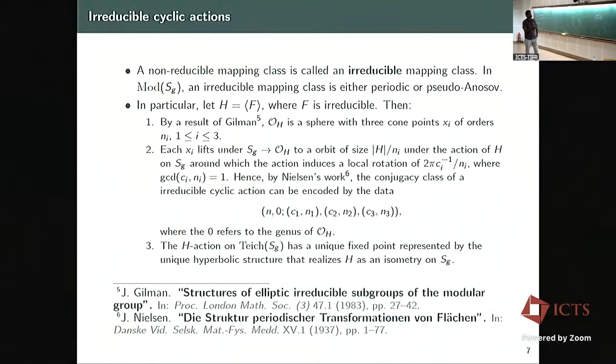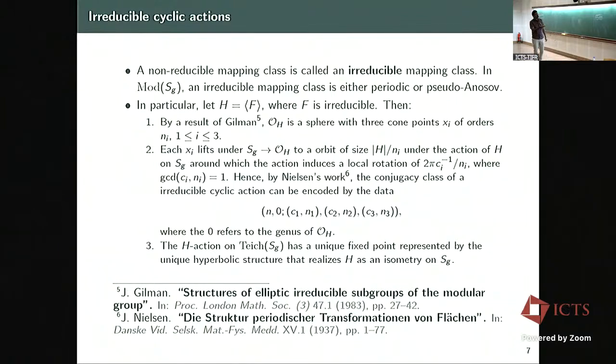A non-reducible mapping class is called an irreducible mapping class. And in the mapping class group, in Mod S_g particularly, an irreducible mapping class is either periodic or pseudo-Anosov. Okay? In our case, we are only concerned with periodics.